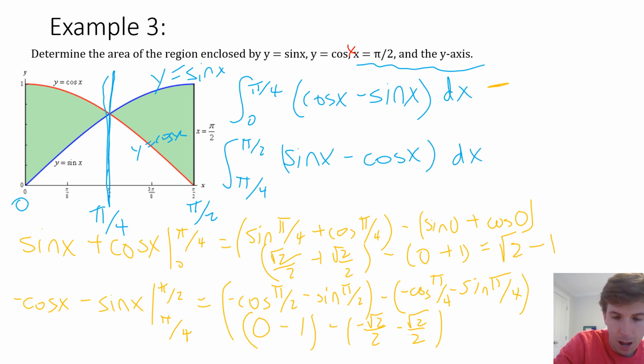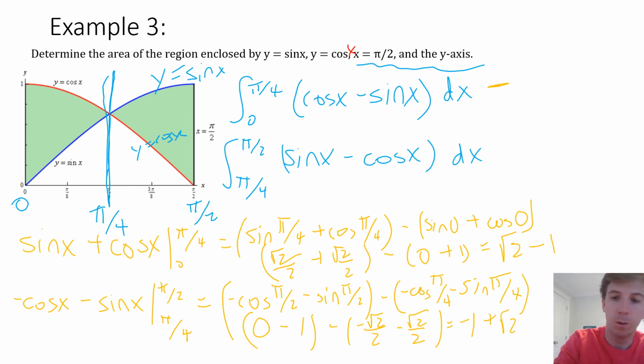All right, so we have, where was I? Yeah, negative 1 minus minus negative root 2. Okay, so plus root 2.